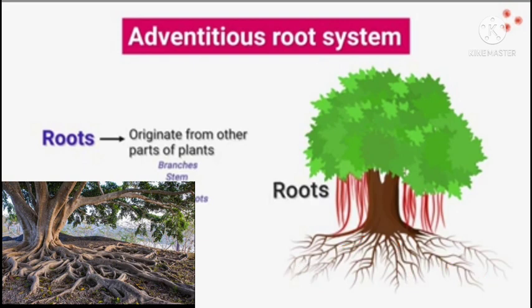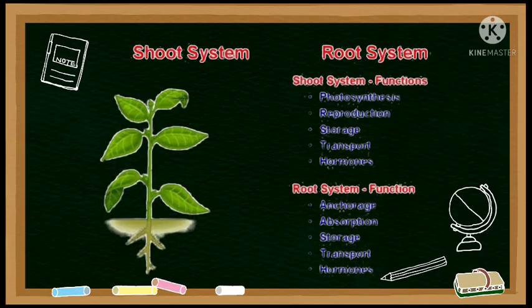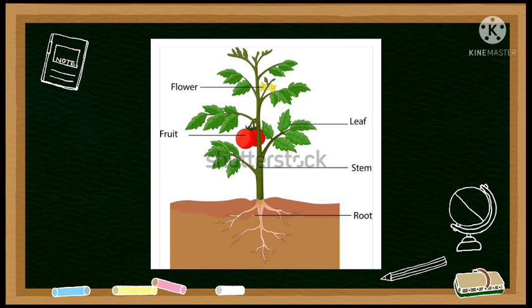But other parts of a plant such as stem, leaves, flowers, buds and branches grow above the ground, which you can see easily. Now, you understood that the roots grow below the soil and other parts such as stem, leaves, flowers, buds grow above the soil.